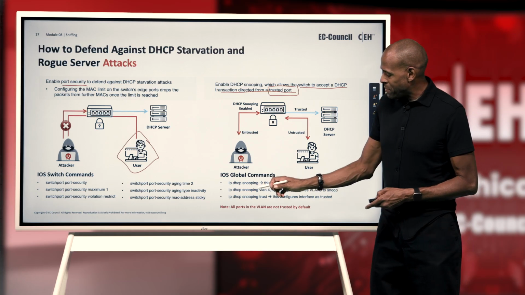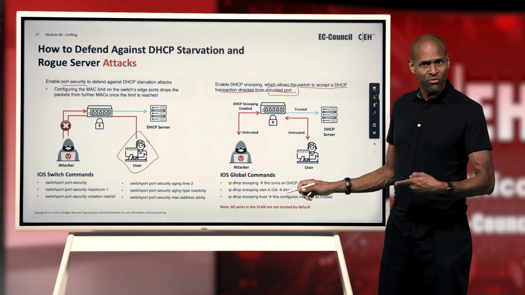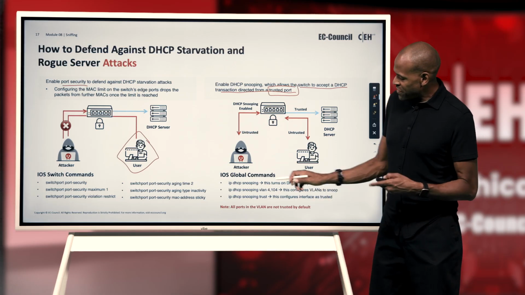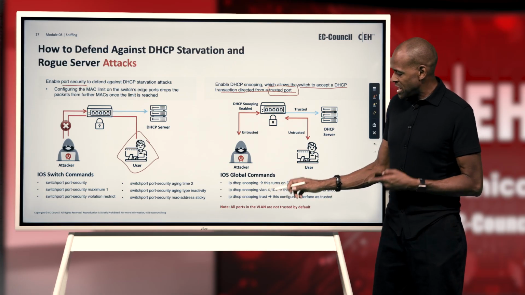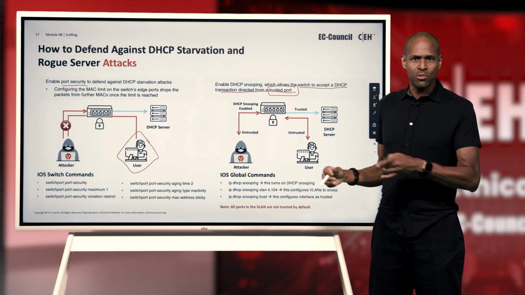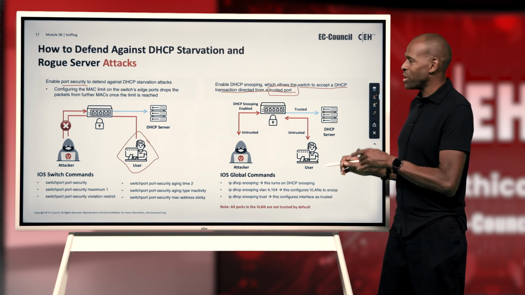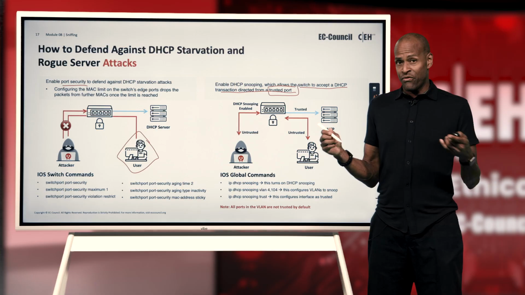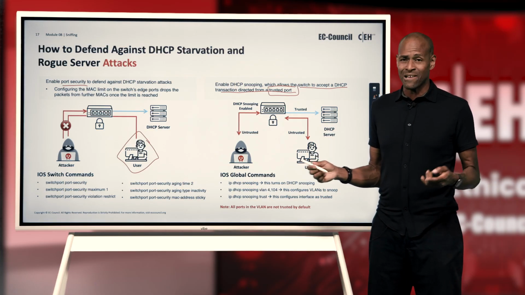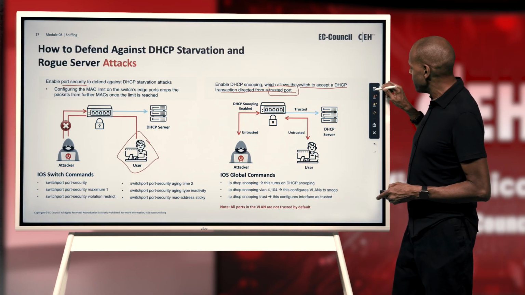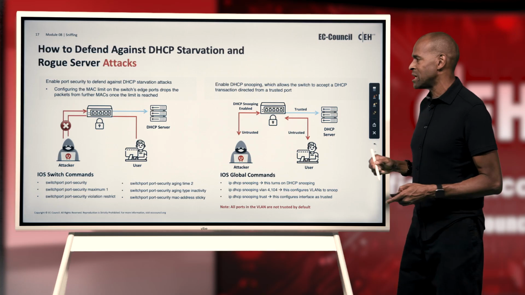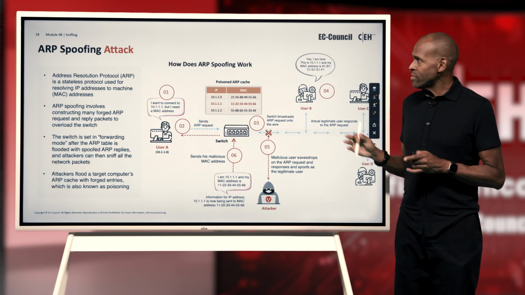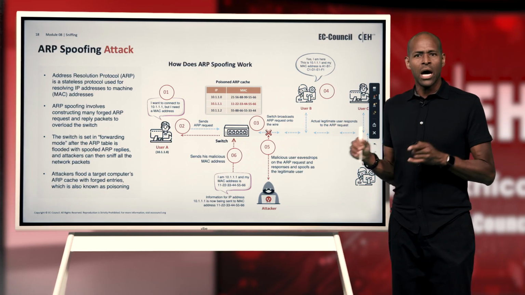And then we're going to do an IP DHCP snooping VLAN, and we specify VLANs against which this command applies. And then we're going to do an IP DHCP snooping trust. So we're assuming that everything is perfect right now, and we trust those locations and those locations only. So if there is a DHCP server that's placed on the network and it's not one that's trusted, then the communication won't be allowed.